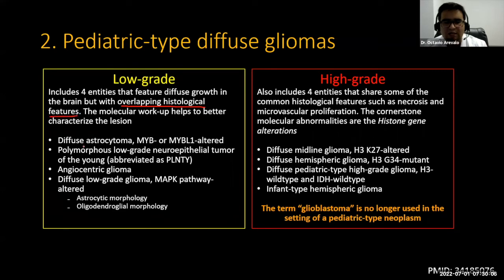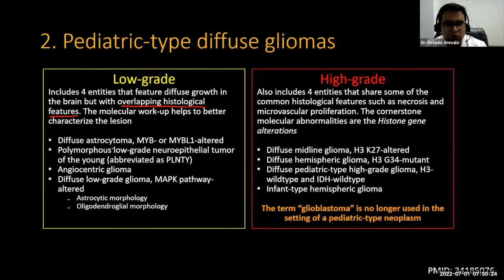That's why this is one of the scenarios where the integrated diagnosis is more and more important. So the molecular workup helps to better characterize those lesions, given that the histology is sometimes equivocal.